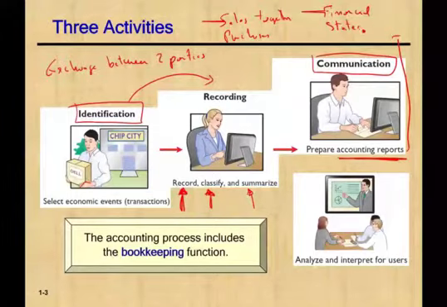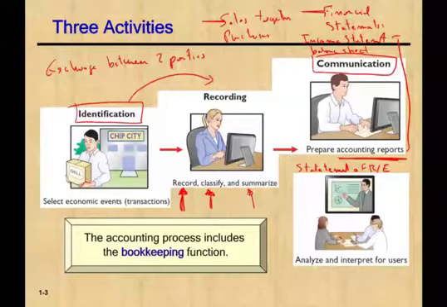To be more specific, we're going to prepare something called the income statement, which we'll learn about shortly, not in this recording but in a future recording. We're going to prepare something called the balance sheet, and a statement of retained earnings. We're going to learn about all of those later. So the information that we obtain will have to be communicated via financial statements.